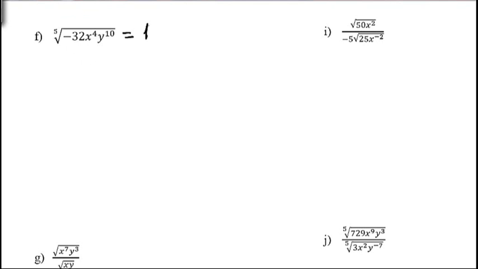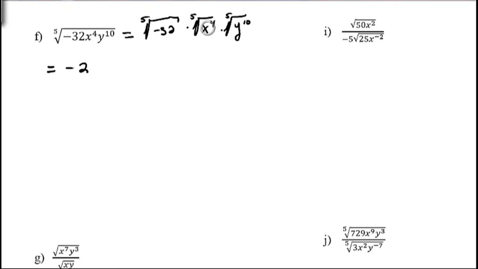So rewrite this. Fifth root of negative 32 times the fifth root of x to the fourth times the fifth root of y to the 10th. We can take the fifth root of negative 32. Odd roots, remember you can take the odd roots of negative numbers, and if you multiply 2 to itself 5 times, you get 32. So that would be negative 2.